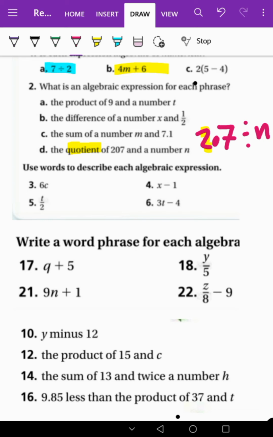The answer here, I write 207 divided by n. If I write n divided by 207, is it correct or not? No. Why? Because the order is very important in division. Good boy.